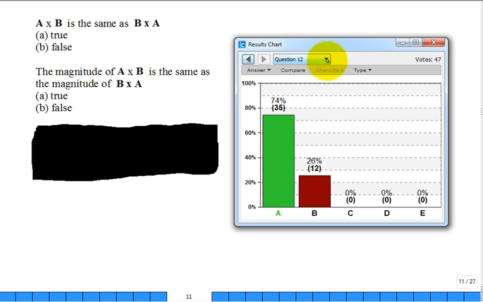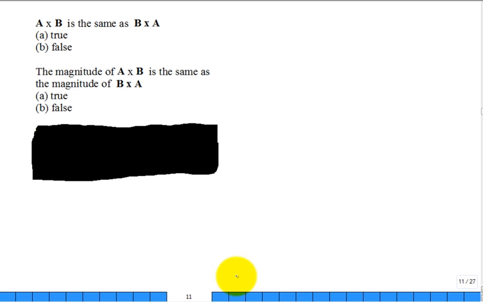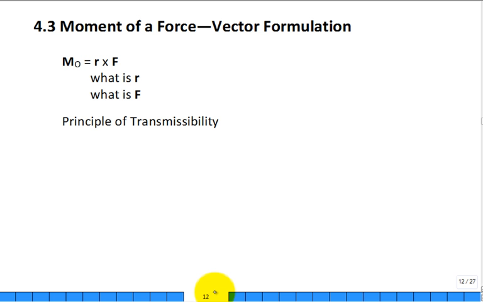True? Yeah, it's the direction that's the change. So let's press forward. So now once we've reviewed the math of the cross product, we find that we can use it in engineering by knowing that the moment of a force, you can derive or establish a vector formulation which gives us that the moment of that force is R cross F.